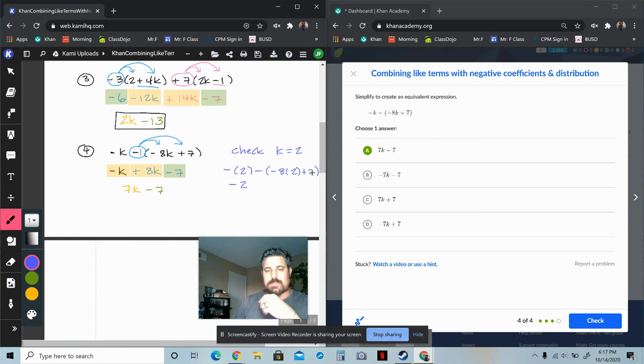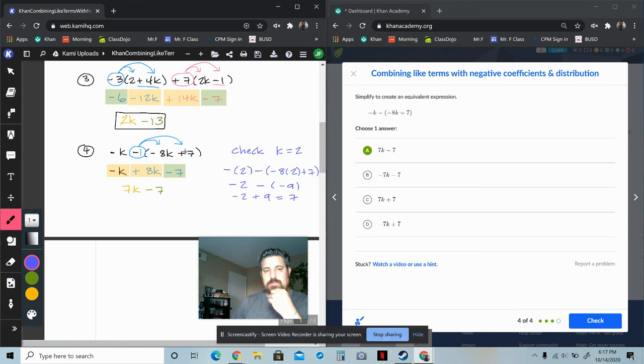Negative 16 plus 7, negative wins by how much? 9. So what you have here is negative 2 take away the quantity of negative 9, because negative 16 wins, so negative wins by 9. And then we can just look at this and go, all right, negative 2 take away negative 9. That's the same as negative 2 plus 9. Who's going to win that? Positive by how much? 7.